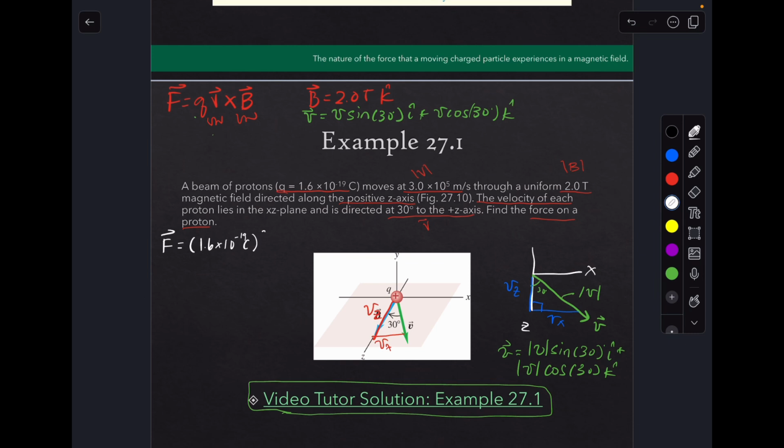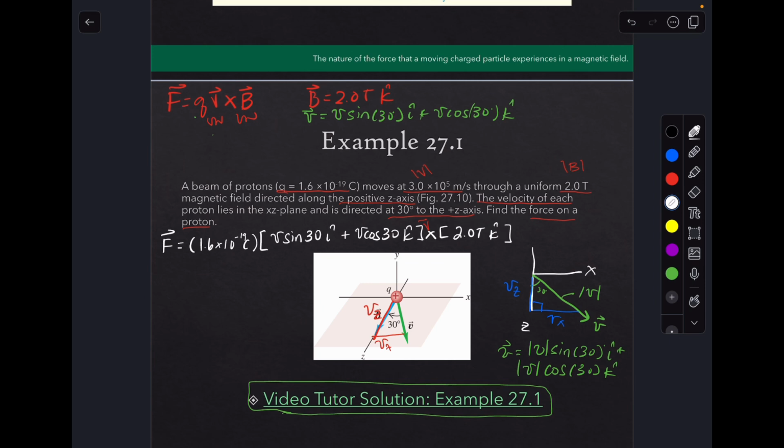V is going to be V sine 30 I hat, V cosine 30 K hat, cross 2 K hat.